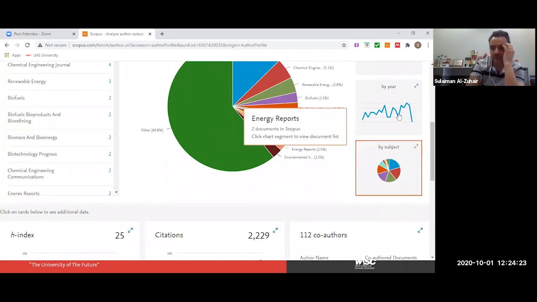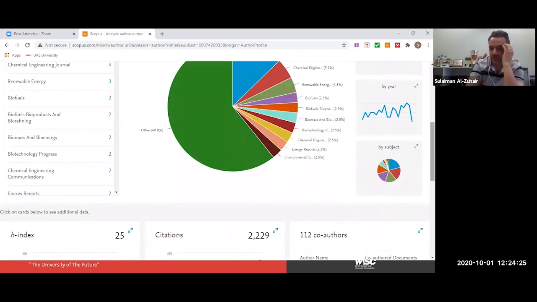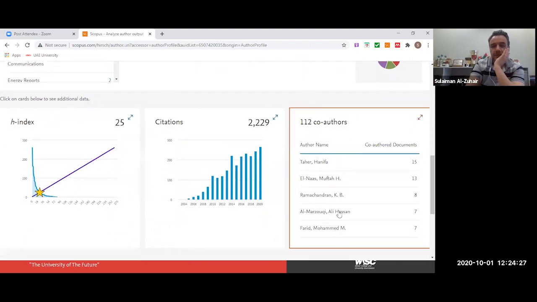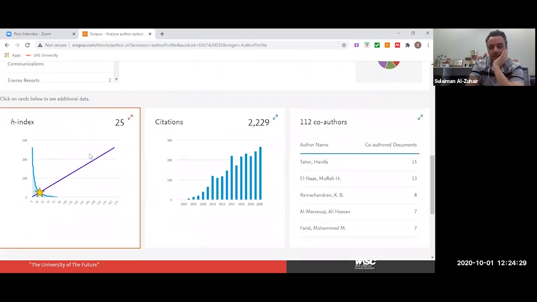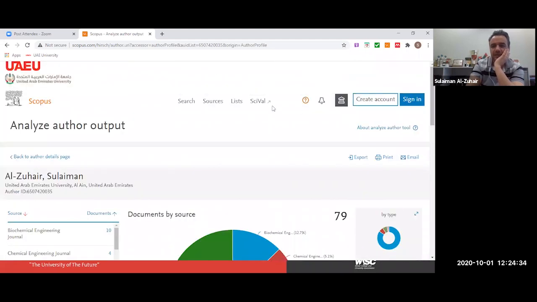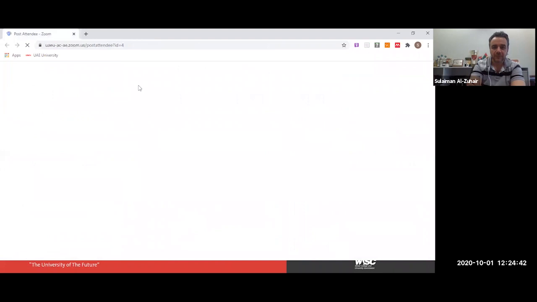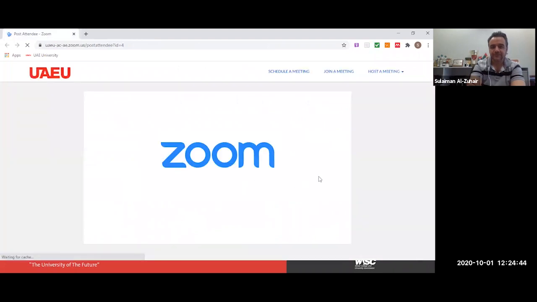Wherever you click here, it will be larger here. It also shows who your co-authors are, your H index, and citations. There is also a link here to SciVal, which gives you further information about the author and his or her output. However, I will move to the publication again.